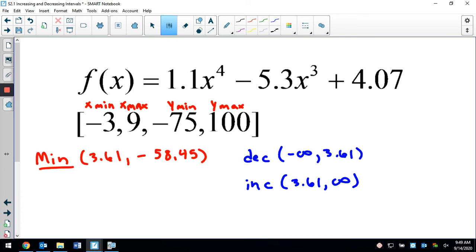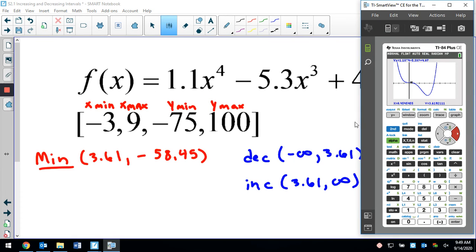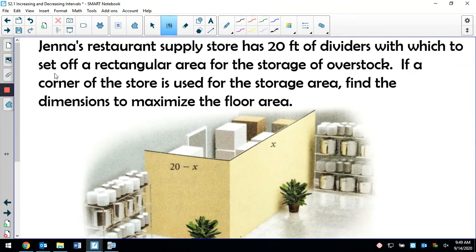We're only going to use the x value of our point, decreasing along here until it gets right about 3.61, and then it starts going back up. All right, so that's how we can use our graphing calculators to help us find the intervals that are increasing and decreasing.